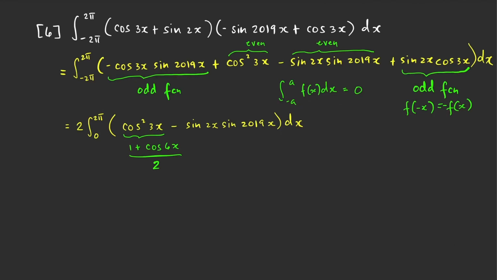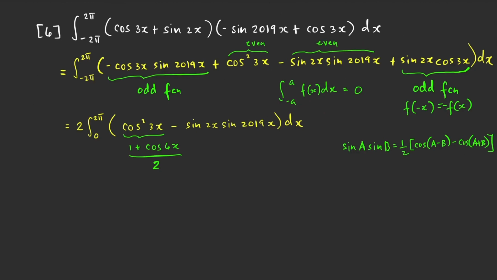Now for this second one here, we need to recall the product to sum or difference identities for sine. If we recall that one, we know that sine A sine B is equal to half of cosine of the difference minus cosine of the sum.